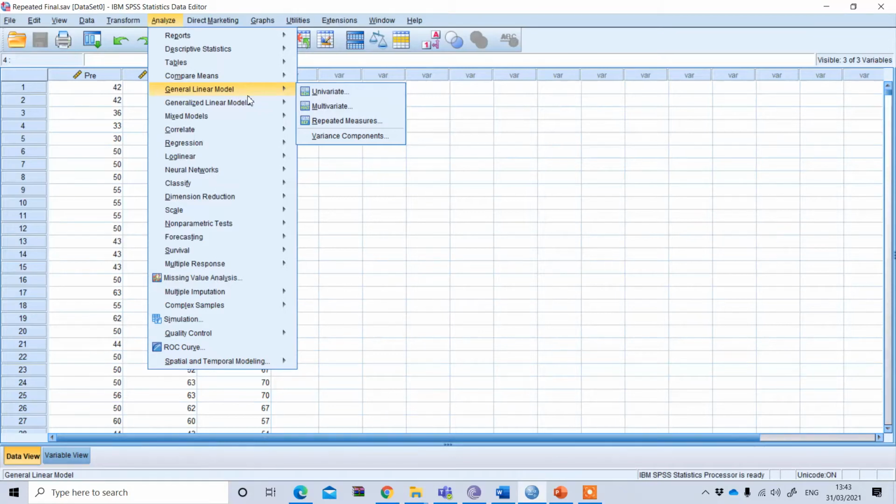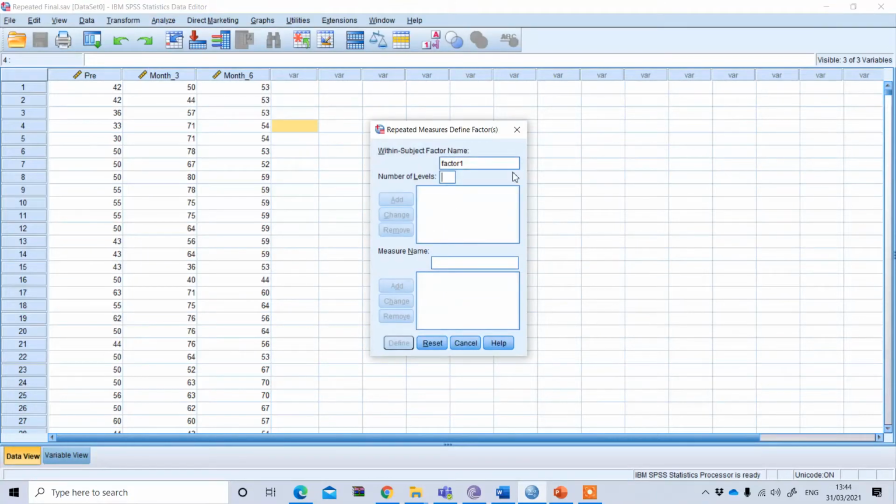So Analyze, General Linear Model, and then you go to Repeated Measures, and within-subject factor name, here the more appropriate name could be time, because I want to see what happened to your body weight at different time points after using the medicine, right? So the factor name should be time, and we have 3 time points: pre, month 3 and month 6. So the number of levels should be 3, and then I press add.